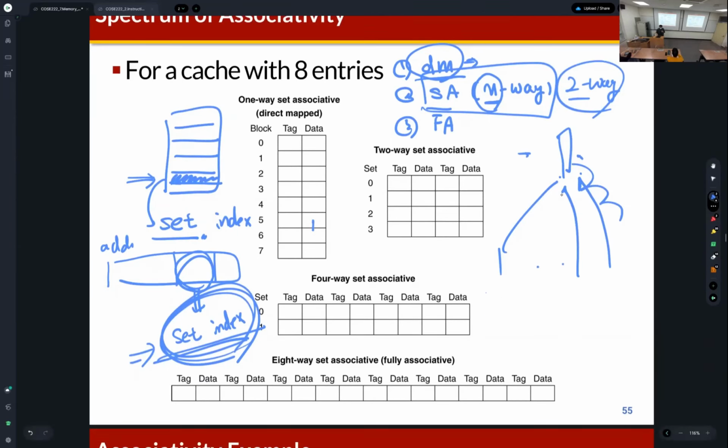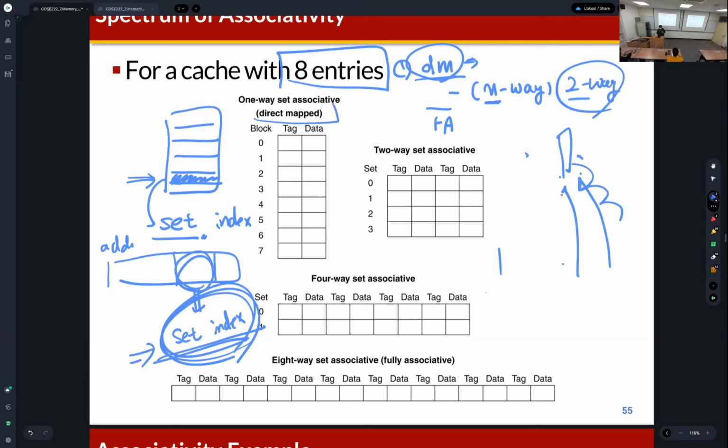If the cache size is the same, the cache size is determined by the number of cache blocks. But in an n-way set associative cache, one cache set includes n blocks, so the number of sets needs to decrease if the cache size is the same. This example shows a cache with 8 blocks.